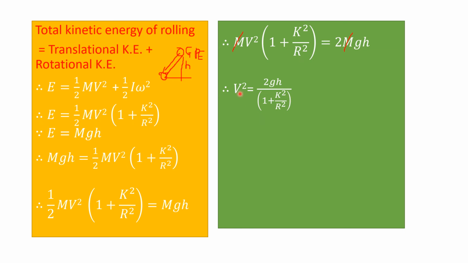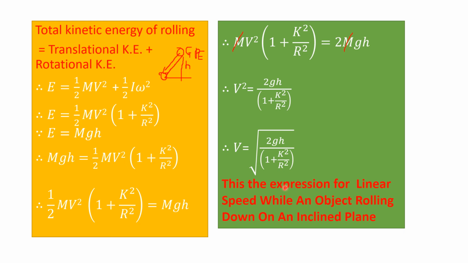We want the value for the linear velocity of an object rolling down an inclined plane, and hence we take the square root and get v is equal to the square root of 2gh upon 1 plus k square upon r square. So this is the expression for the linear speed while an object is rolling down an inclined plane, and the unit for velocity is the same, meter per second.